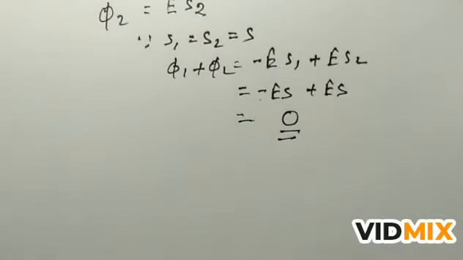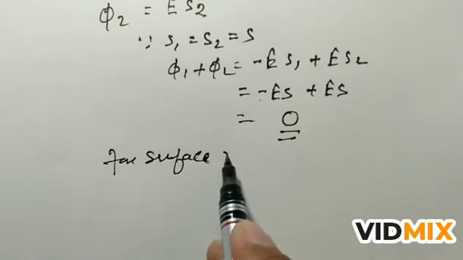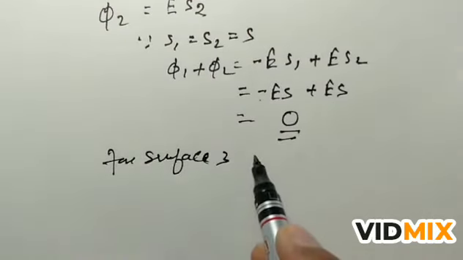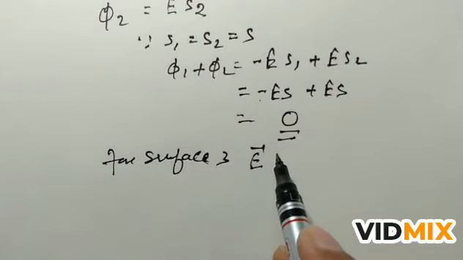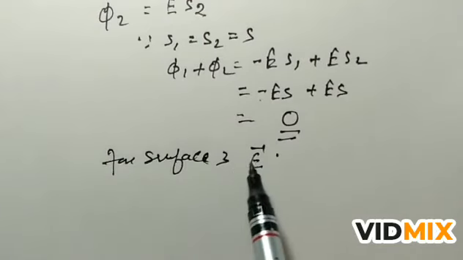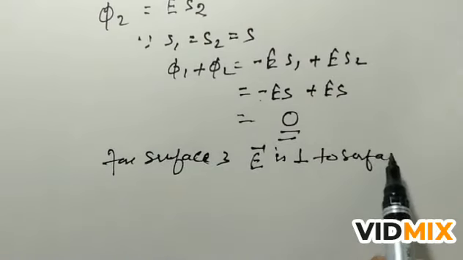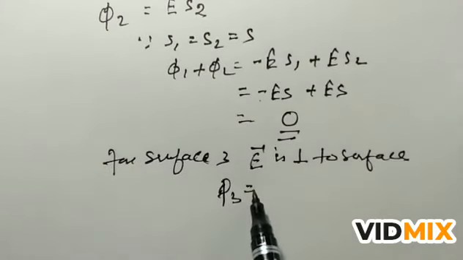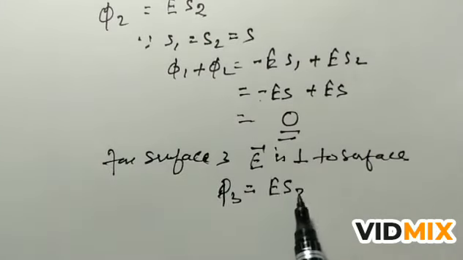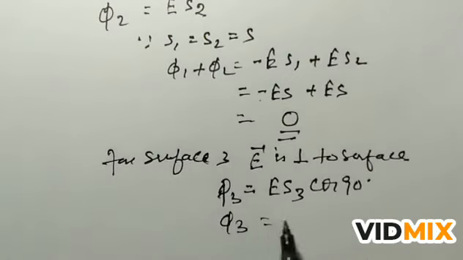So phi 3 is equal to E S3 cos 90, and therefore phi 3 is equal to 0.